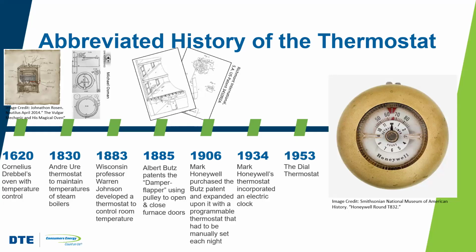When the heat of the fire in the furnace caused the alcohol to expand, it would push up the mercury with the rod floating in it, and that would then close a circuit that would lower a damper that would cut off the air that fed the fire. And then as the fire faded, the temperature in the box fell, and that way he was able to regulate the temperature in the incubator.